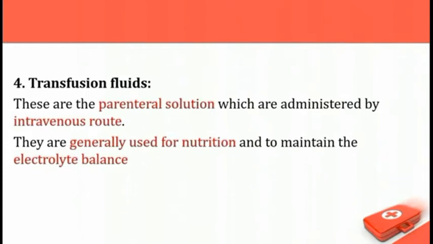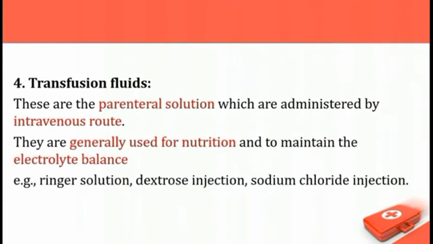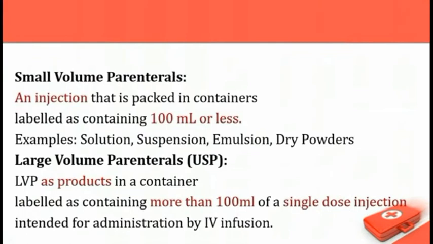So the intrathecal route is used for spinal anesthesia, and in the case of antibiotics, the intrathecal route is used for parenterals. Solution is given by the intrathecal route in the case of spinal anesthesia.